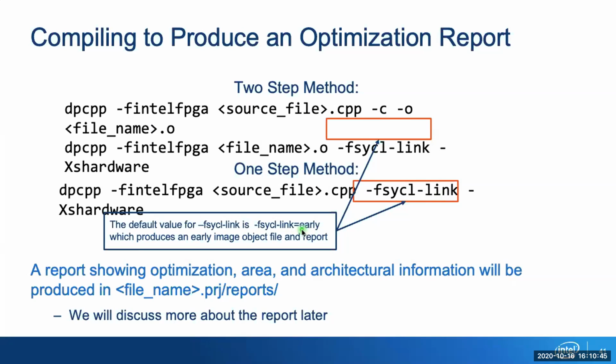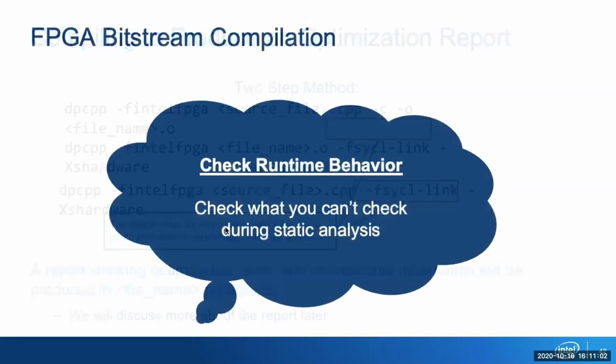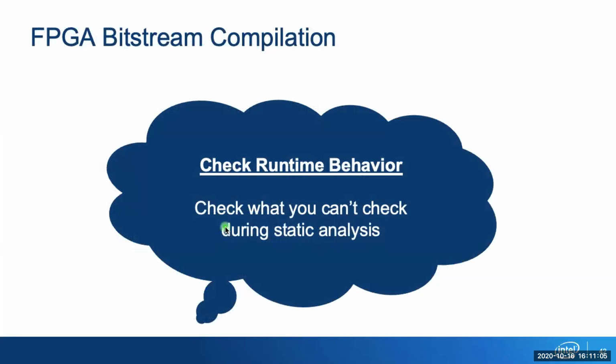The default value is early. When you put image here, you will have the FPGA image, the long compile. So the default is the report, just the report, and not the FPGA image. Then if you're happy with the reports, with the results, you can generate the bitstream.